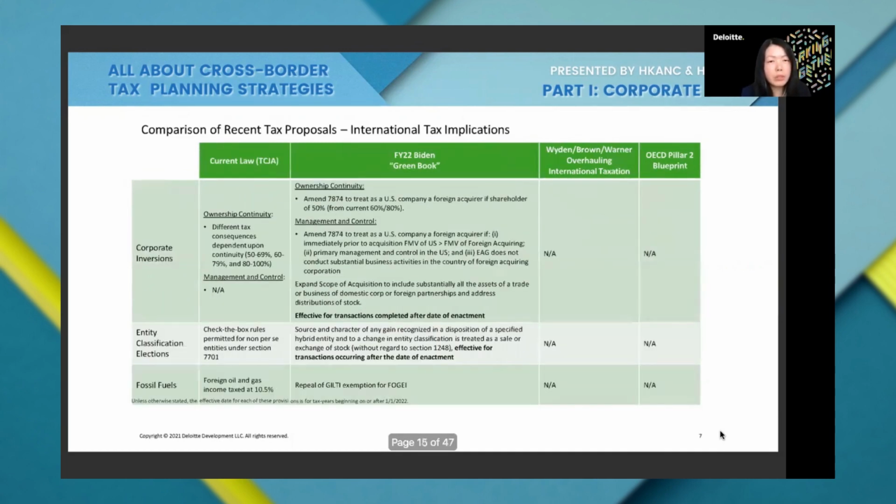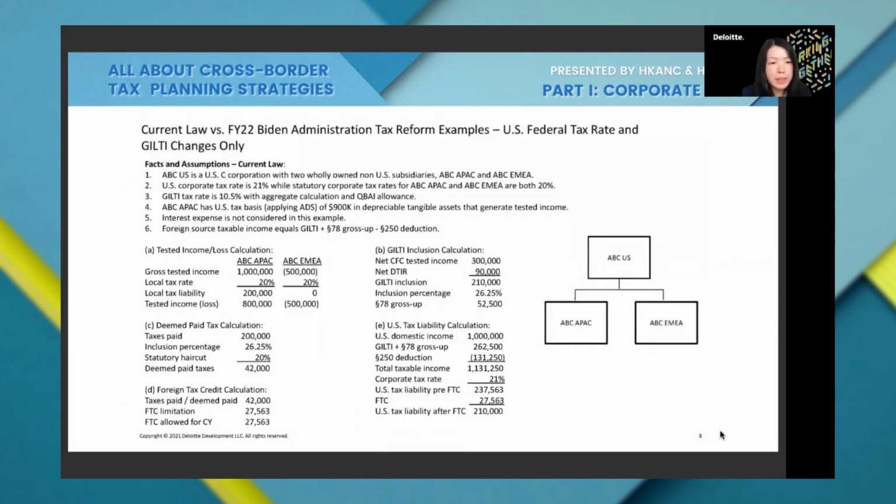I would like to explain two examples. In these two examples, I'm going to show you the U.S. tax liability between current tax law and the Biden administration tax reform. I am only going to show you the U.S. federal tax rate change from 21% to 28%, and also the GILTI tax rate change from 10.5% to 21%.